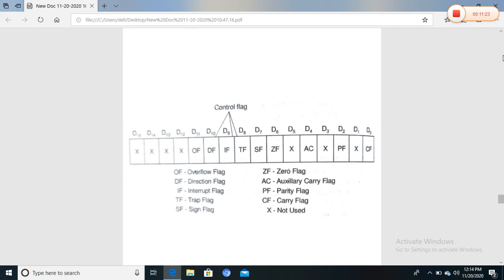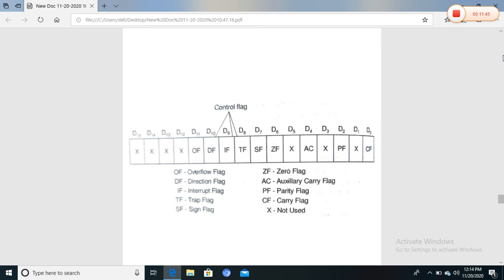Control flags are direction flag, interrupt flag and trap flag. One question is which are the status flags and which are the control flags, and another is to draw the flag register format of 8086 and describe the operation of each flag.